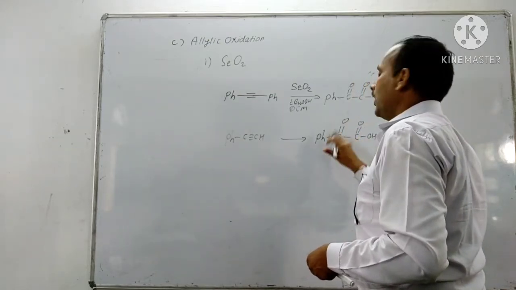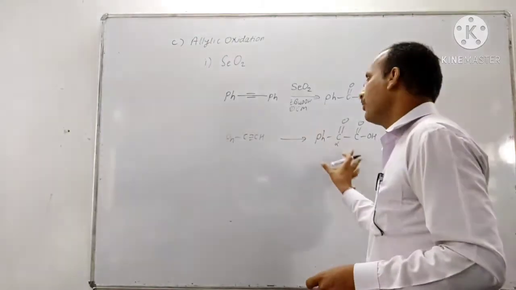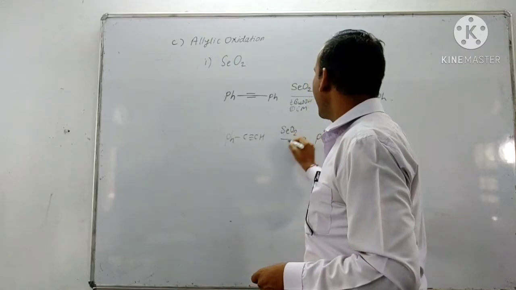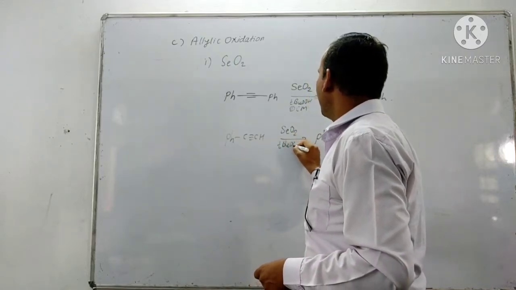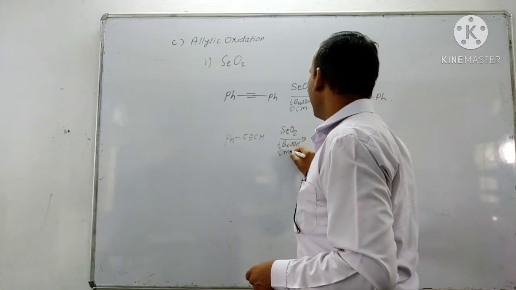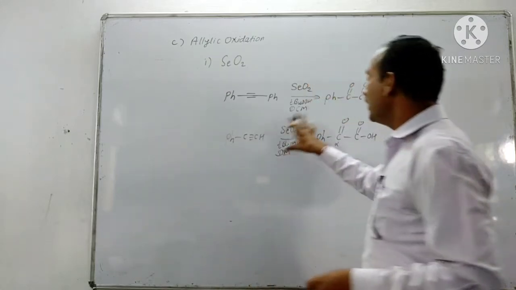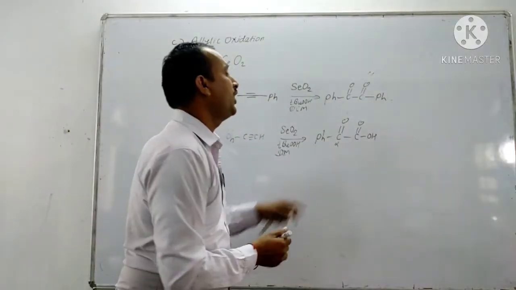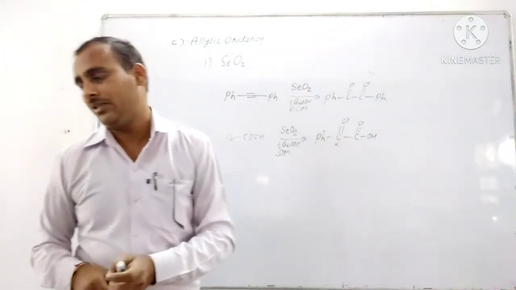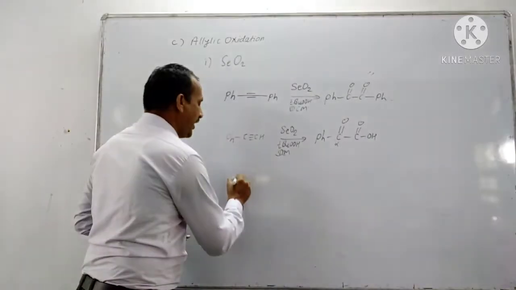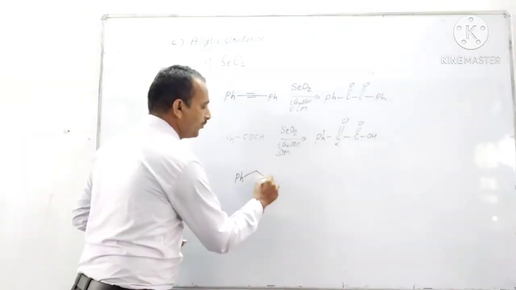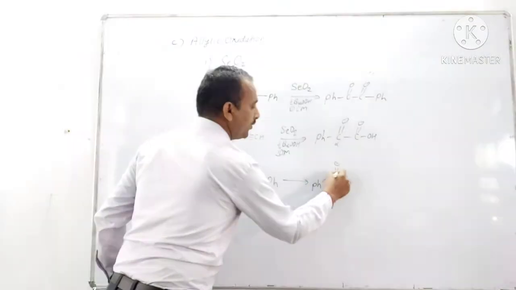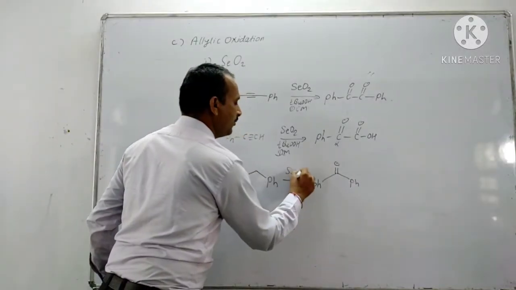So in the presence of selenium dioxide and tertiary butyl hydroperoxide in DCM solvent, the terminal alkyne gets oxidized to alpha carbonyl carboxylic acid. Then a hydrocarbon of this type is also oxidized to a carbonyl compound using selenium dioxide.